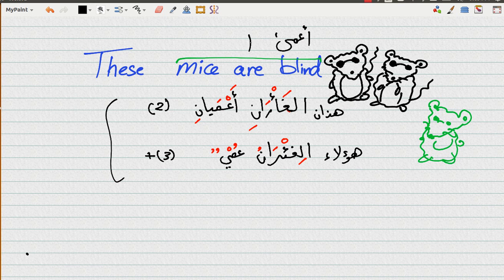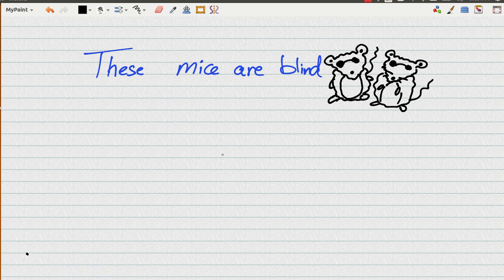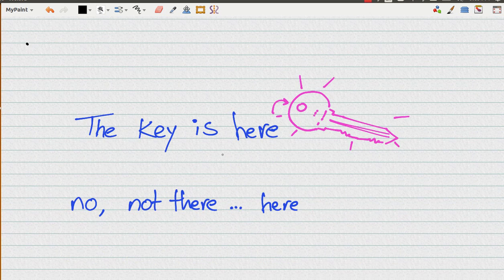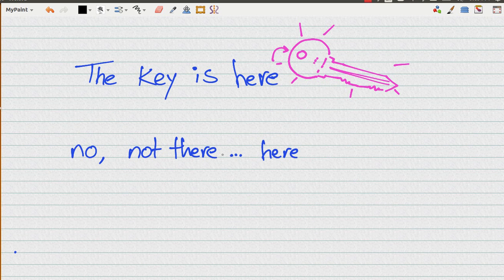And if it's a girl, it's عمياء. And if they're dual, أعميان. If they're more, عمي. One of the most difficult things in Arabic is finding the plural of stuff, because the rules are not very clear.